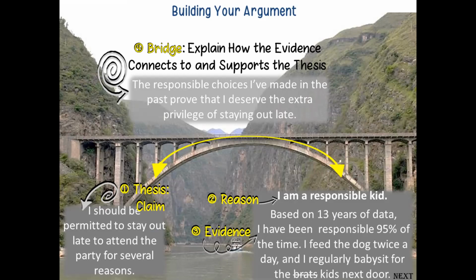I feed the dog twice a day, and I regularly babysit for the kids next door. Now he needs to connect these two sides of the bridge, and he does that by stating, the responsible choices I've made in the past prove that I deserve the extra privilege of staying out late. He connected these two, and he showed how it supports the thesis.